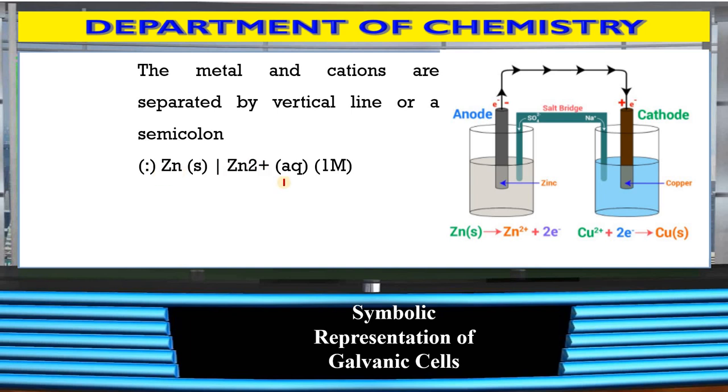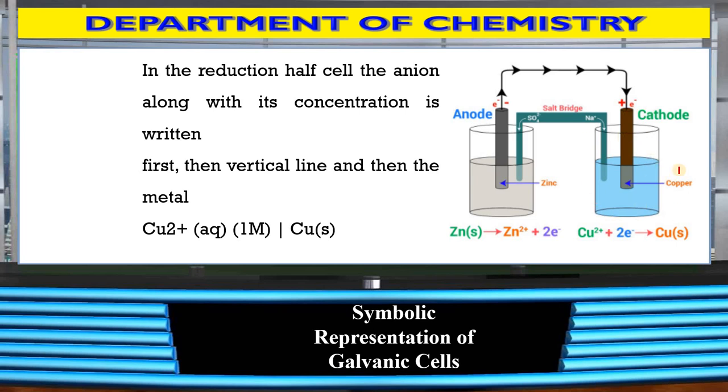So for the half cell, I write zinc in solid state, dipped in Zn plus 2 in aqueous form with a concentration of 1 molar, and a single vertical line is used between the electrode and electrolytic solution.